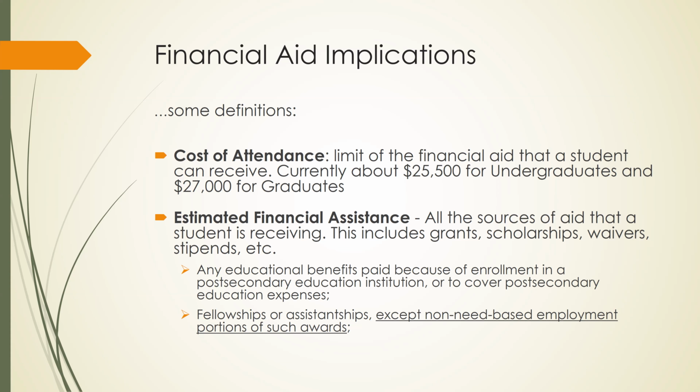So fellowships and assistantships are included in that, stipend payments are included in that, but non-need-based employment portions of, for example, grant payments are not included in this estimated financial assistance. That is very important.